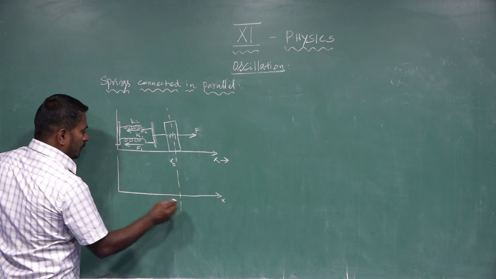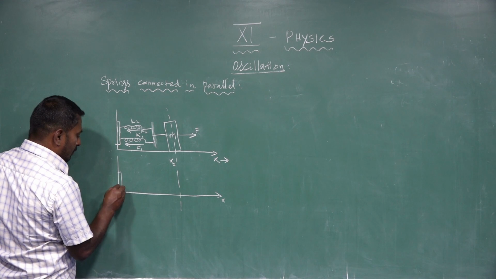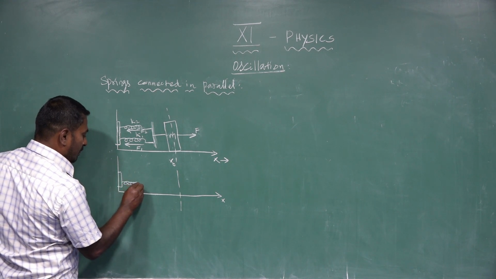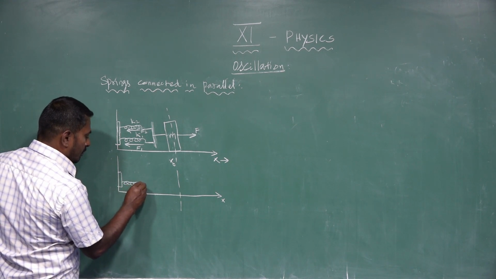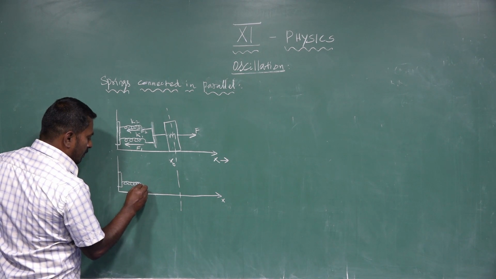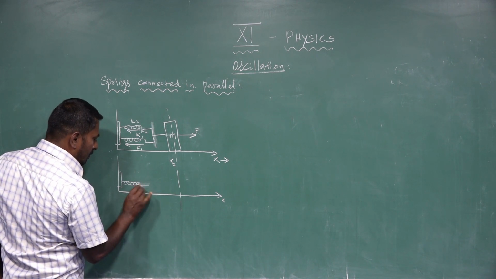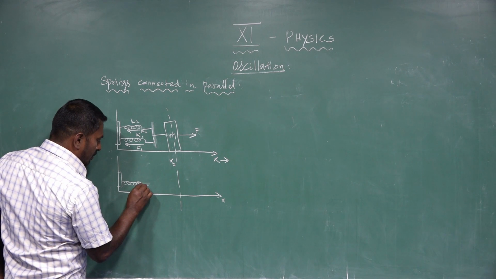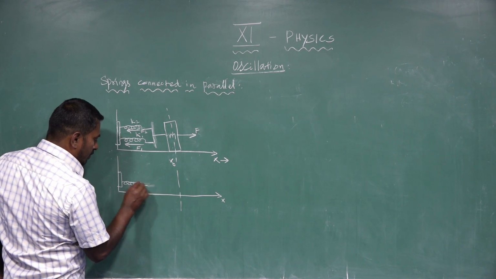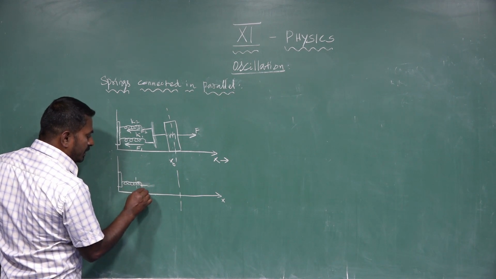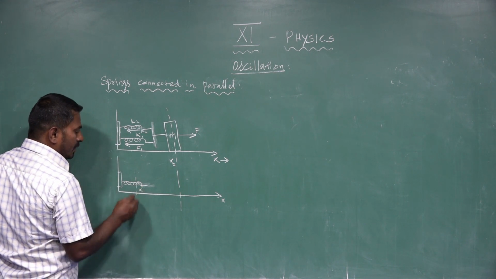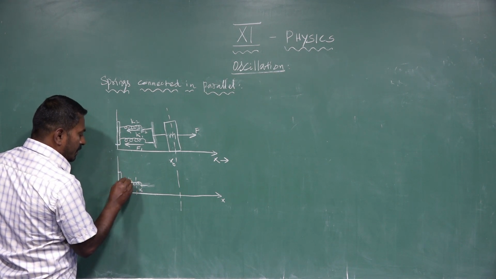See the equilibrium position. The extension produced in the first spring is x with the spring constant k1.